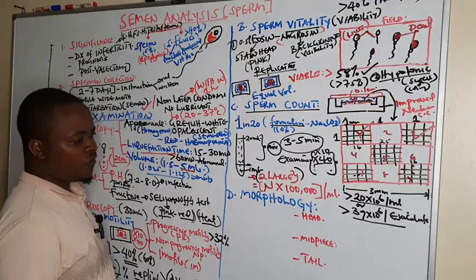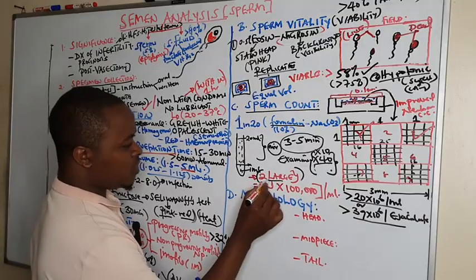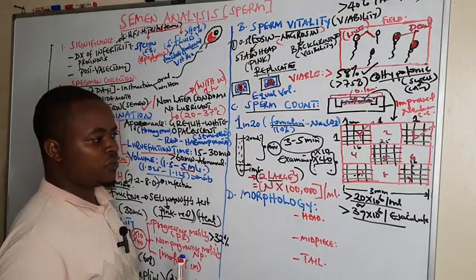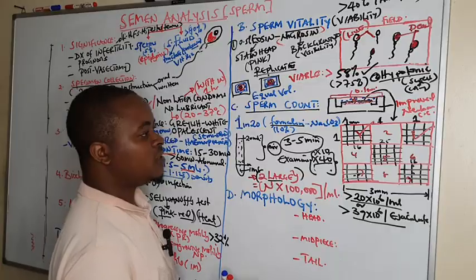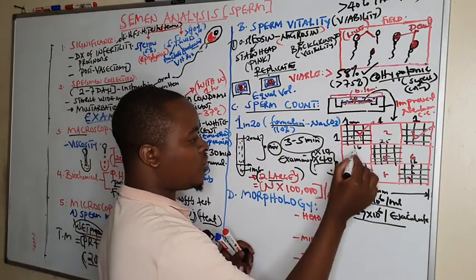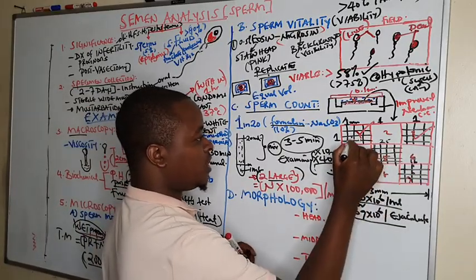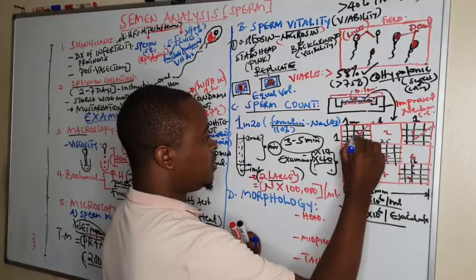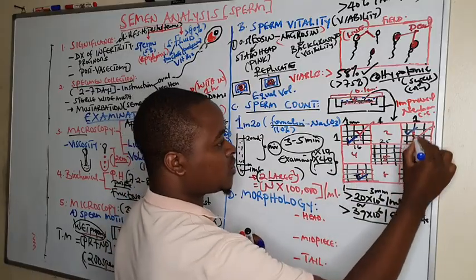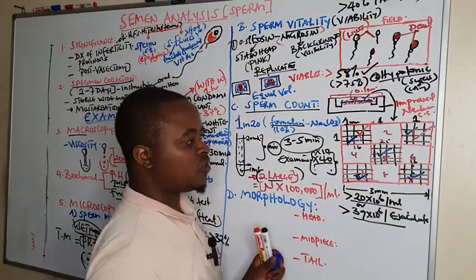You can ask yourself, in case we don't count in 2 large squares, which other method can we use? Another method, we can decide to count in the 4 corner squares. We count these 4 corner squares plus the 1 central square.